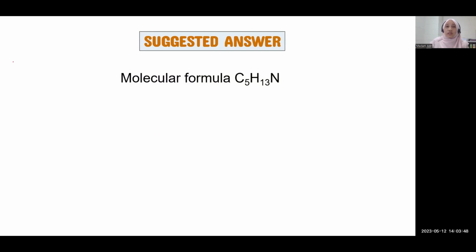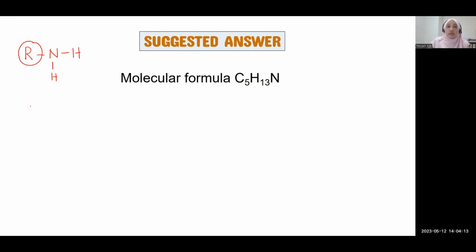We have the molecular formula C5H13N, and we know that in amine structure, we have primary amines, secondary amines, and also tertiary amines. This is how a primary amine will look like. We have R, an alkyl group, bonded directly to the nitrogen, and the nitrogen is covalently bonded to two hydrogen atoms. This gives you a primary amine because the nitrogen is bonded to only one alkyl group.